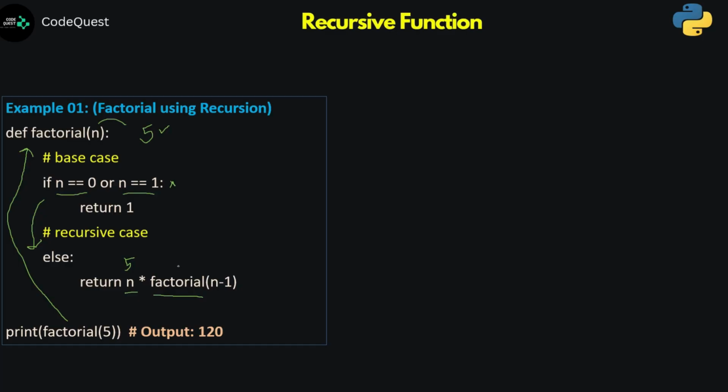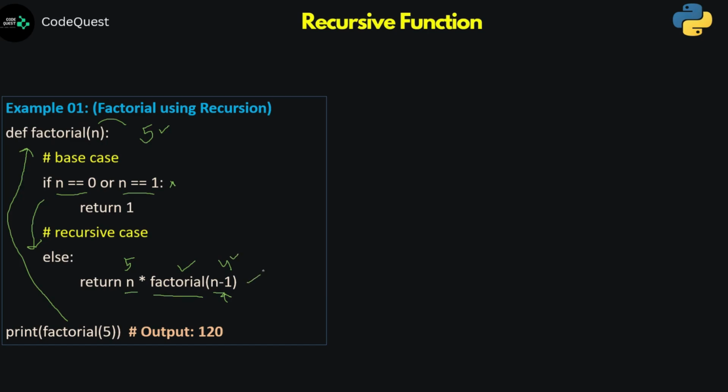Now you can see we are calling the same factorial function within the body, which is known as your recursive call. And this time we have modified the parameter. Earlier the value of n was 5. Now n minus 1 means it is going to be 4. Which means this factorial function has been called recursively with a value 4.